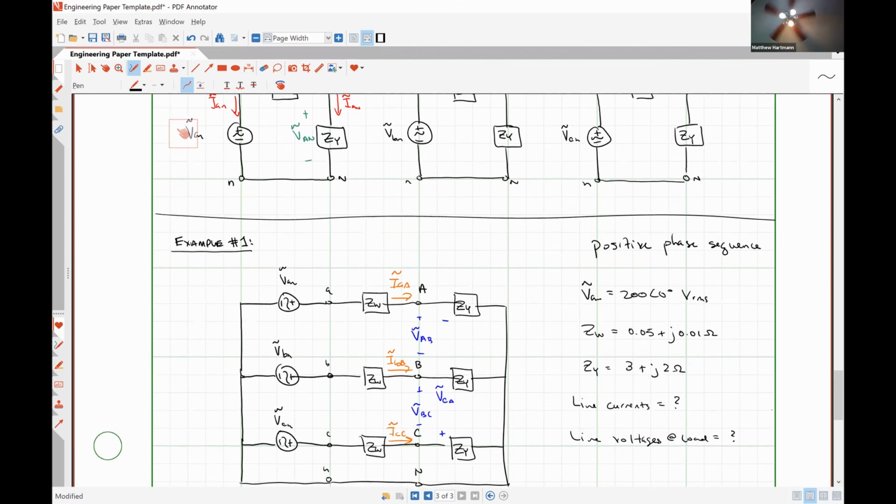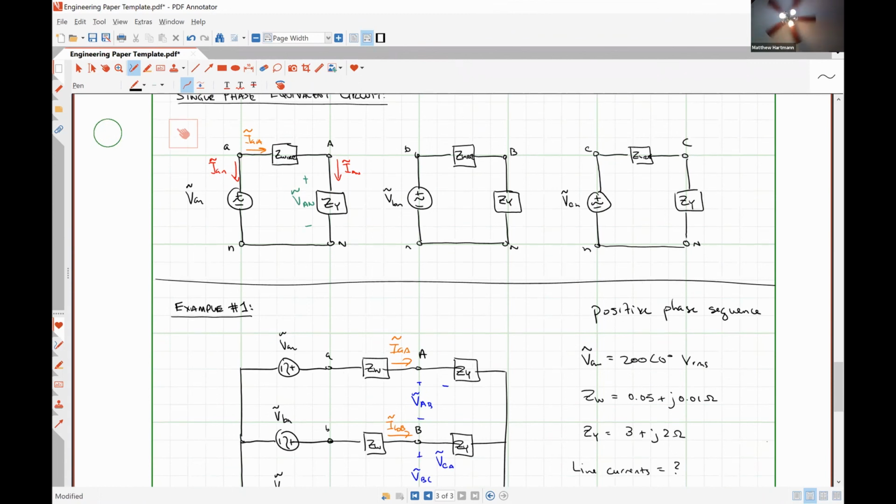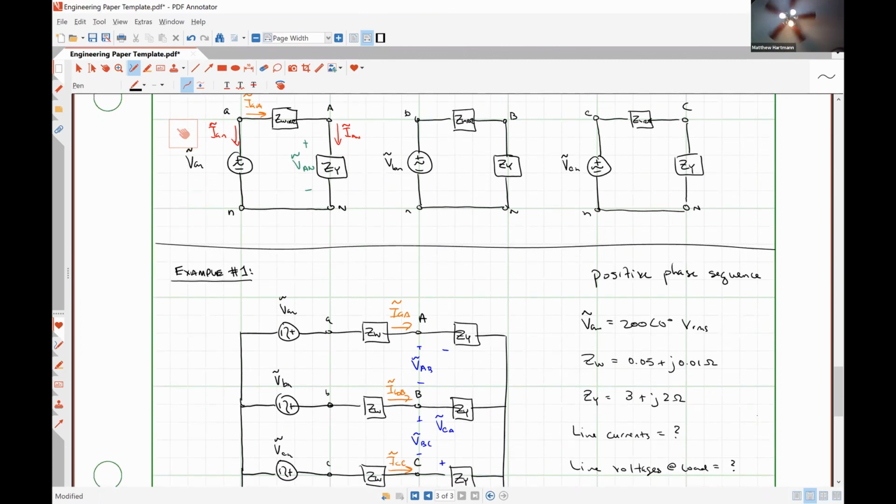We only have that single A phase of the transmission line in our A phase single phase equivalent circuit, the B phase of the transmission line in the B phase of the equivalent circuit, etc. So what we're going to do instead is employ Kirchhoff's voltage law like we did before, and we could find that VAB is, again, this VAN minus this phase voltage VBN by doing Kirchhoff's voltage law around this loop.